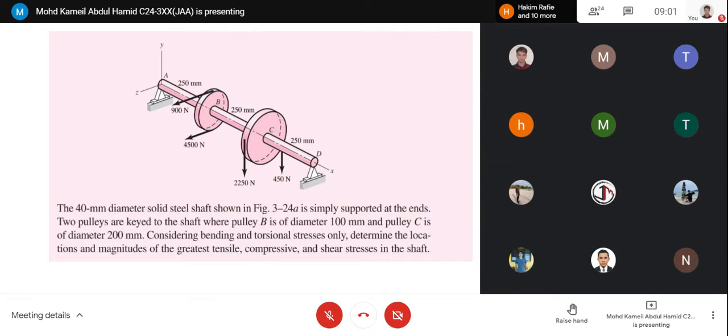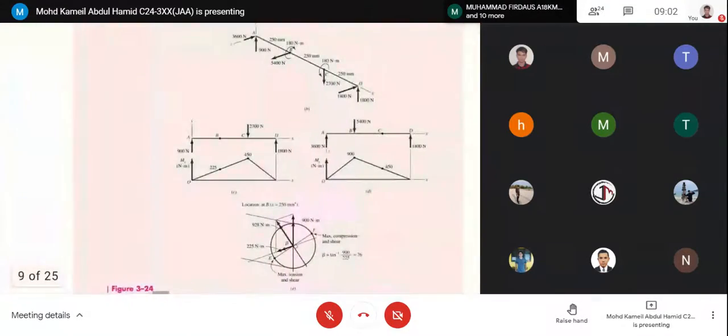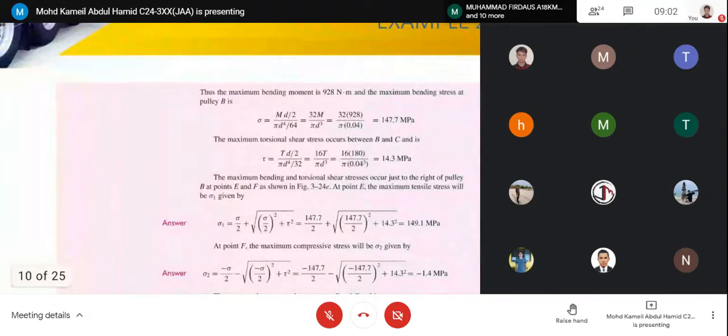If you refer to pulley C, 2250 minus 450 times the radius of pulley C, you also get 180. That is the T value.